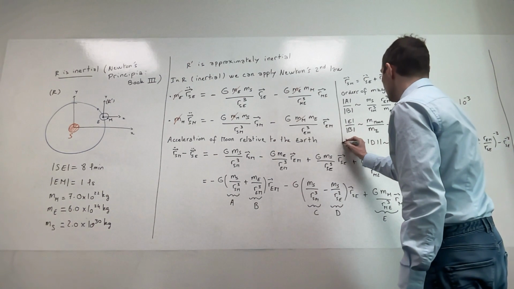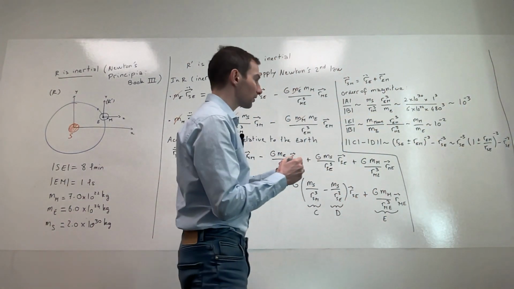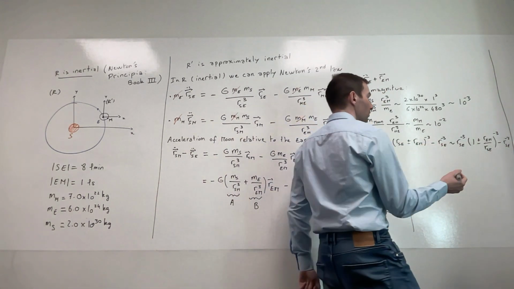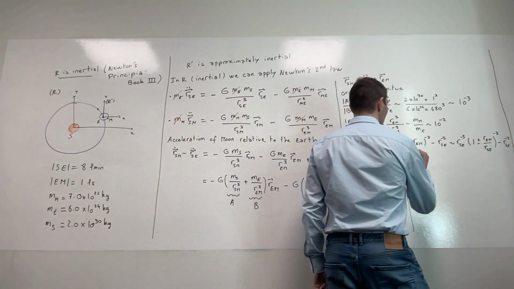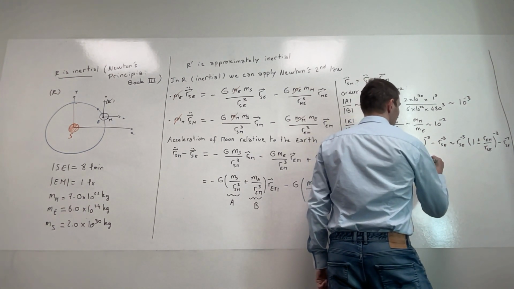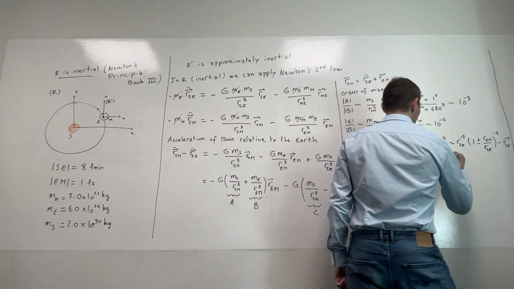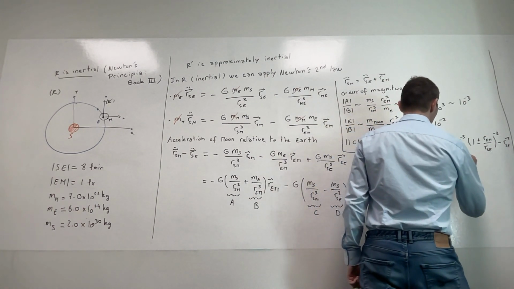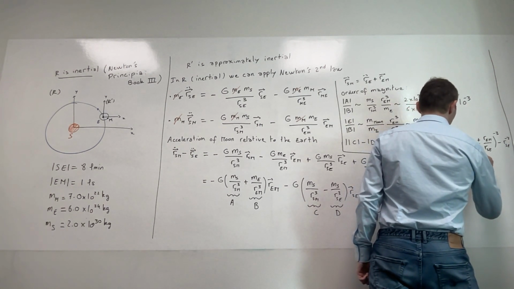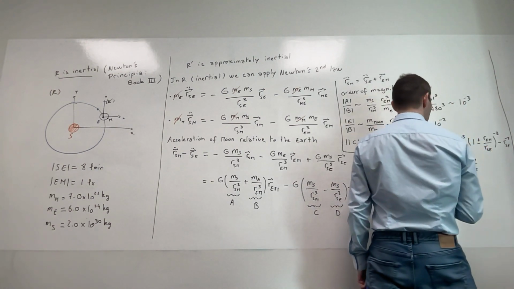Okay, so let me continue. We are almost done, to be honest. So here, all of this is exact so far. And then what I'm going to do is I'm going to say that 1 plus minus REM over RSE to the power minus 3 is approximately equal to 1 minus plus 3 times REM divided by RSE, and that's it.